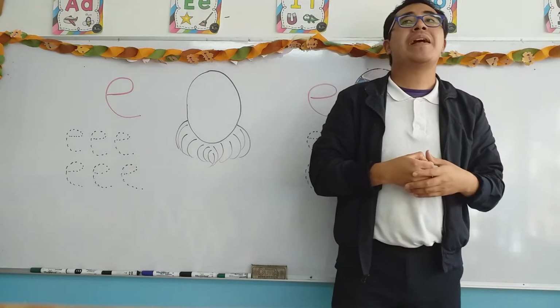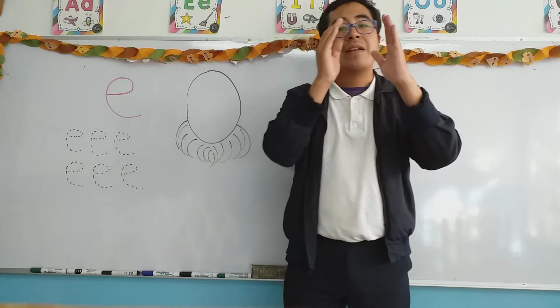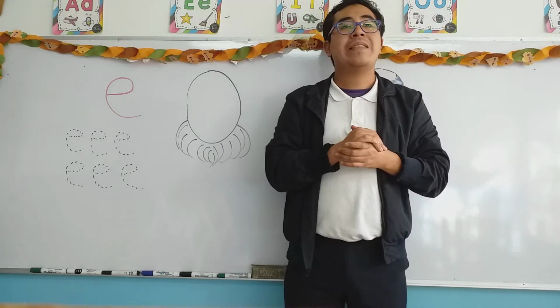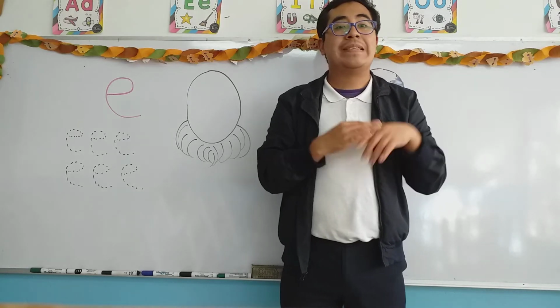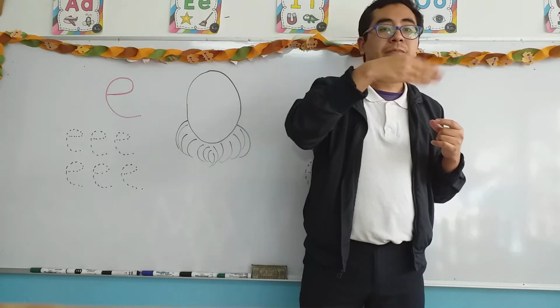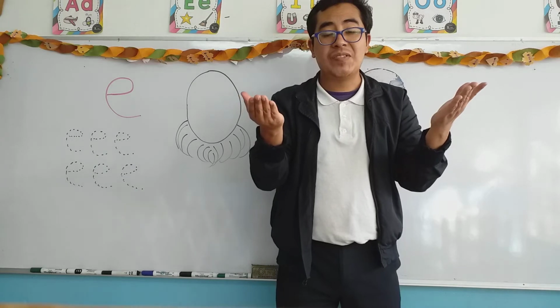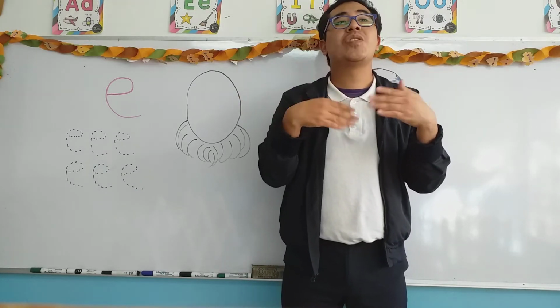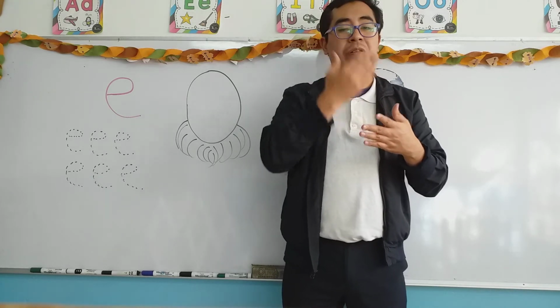Okay? Animals that are born from eggs, animales que son nacidos del huevo, they can be, for example, snakes, chickens, and of course birds, including eagles.